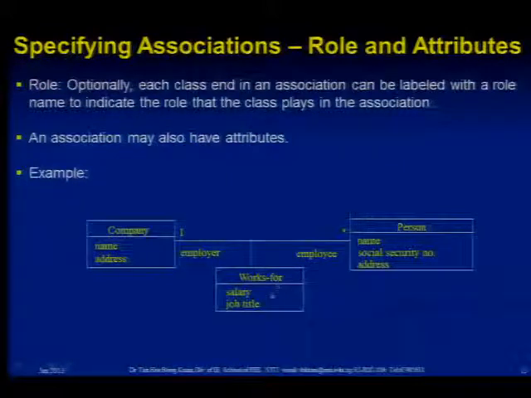That means this rectangle defines attributes for this association. For this work-for association, I define two attributes, salary and job title. A person works for a company under a certain title, and he receives a certain amount of salary. So I define this class to specify all these details. Okay, so this is the way to define roles and to give attributes to an association.